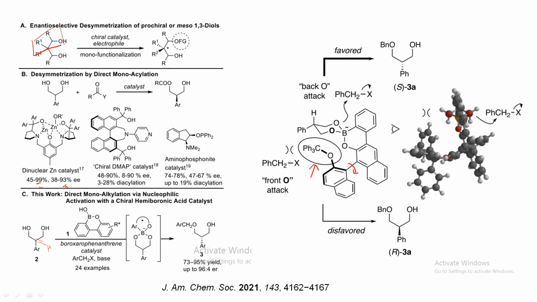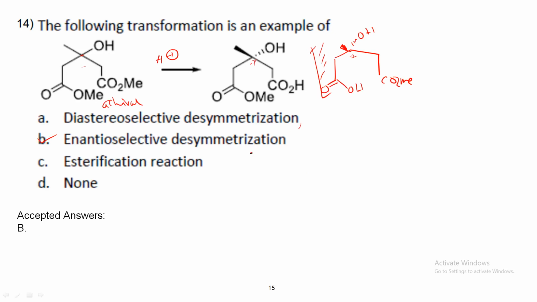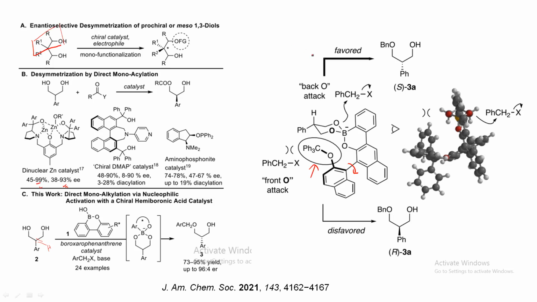These compounds are atropisomers actually, and they have used one of the atropisomers to make this molecule in a stereoselective way, and they have achieved up to 92% enantiomeric excess. So this concept is regarding enantiomeric desymmetrization. In that way this catalyst can control the enantiomeric ratio.